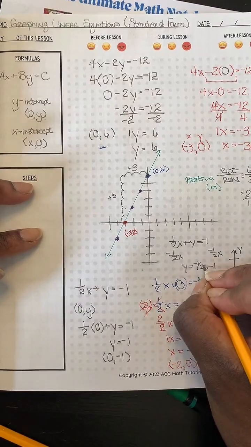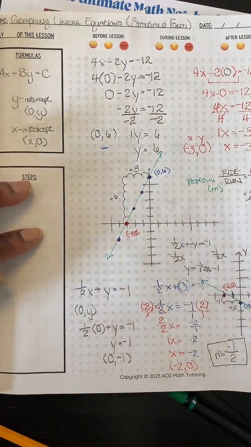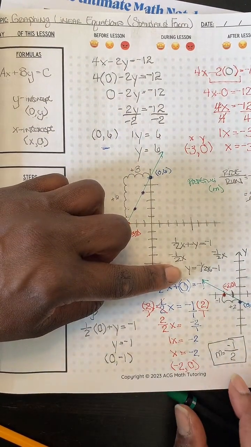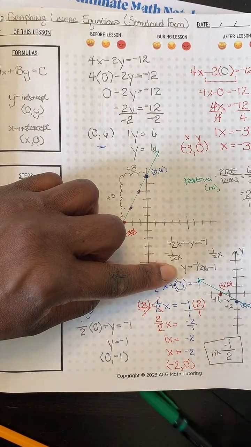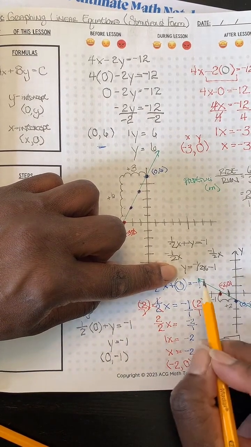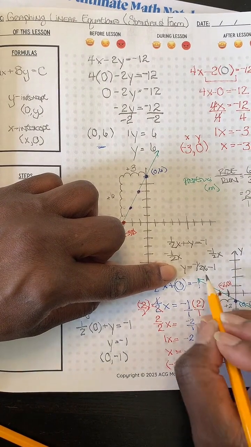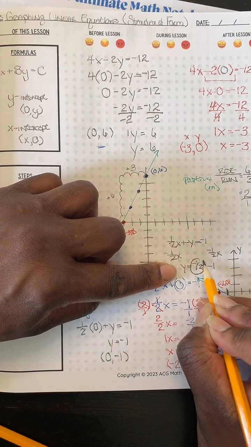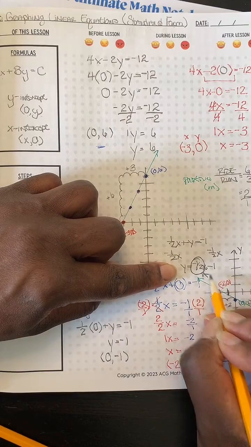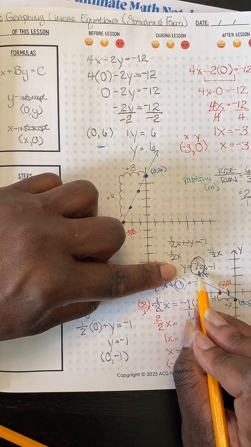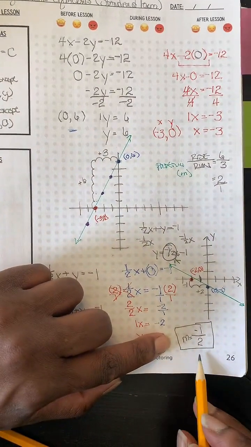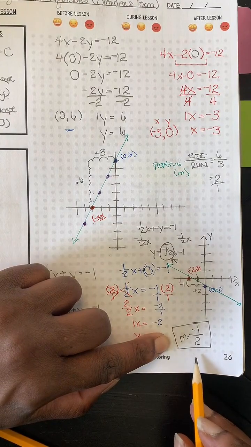My goodness. It's going to be an interesting day of tutoring because this handwriting is broke. All right. So if you notice right here, it says my slope was negative 1/2. Isn't that the same thing that we found down here?